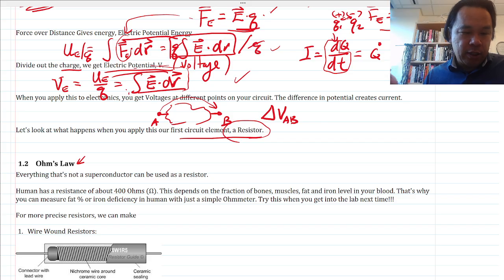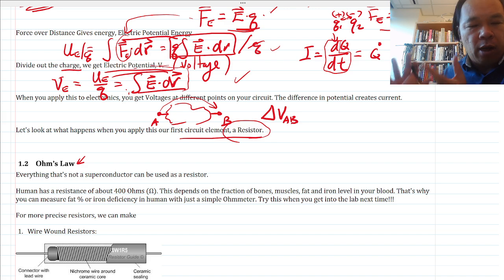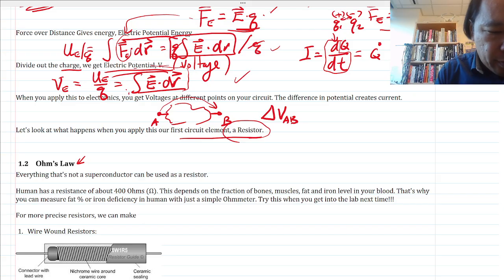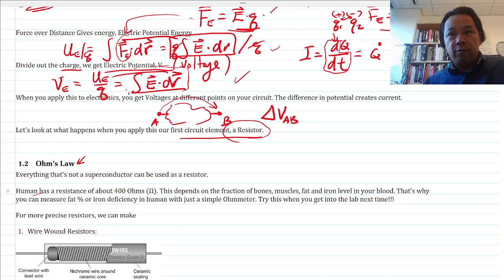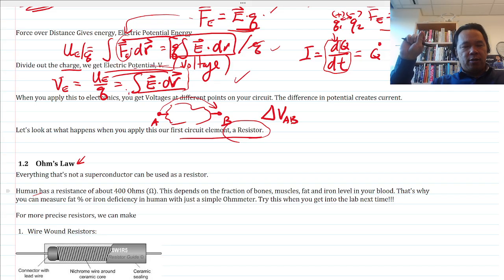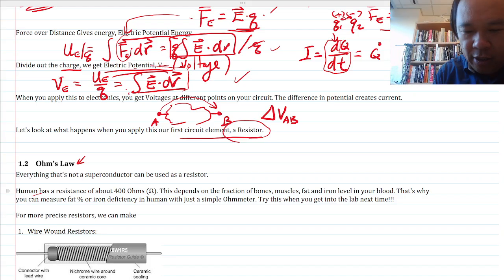It has some resistance, even though it's much smaller than, let's say, the resistance of a block of glass, which is a very good insulator. In fact, a human has a resistance of about 400 ohms. So when you go to the lab next time, you can touch two ends of an ohm meter and measure the resistance of yourself.